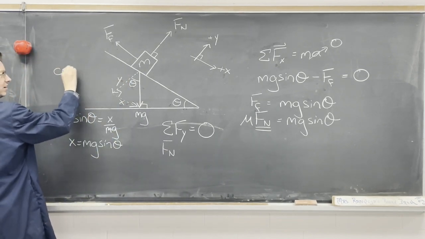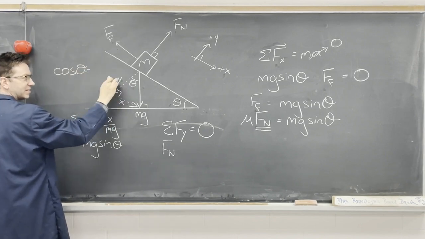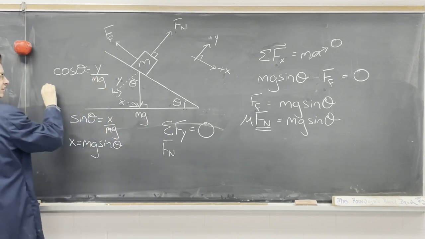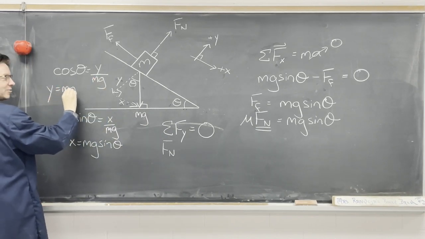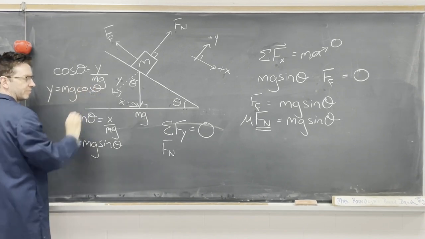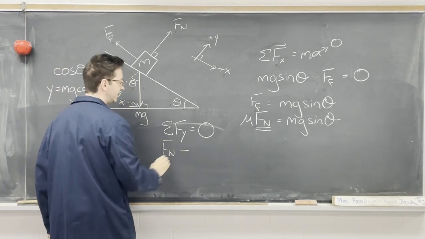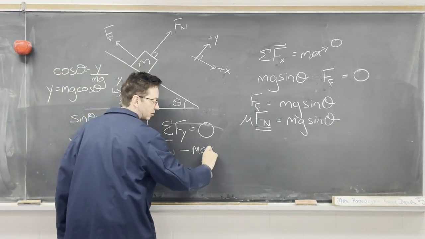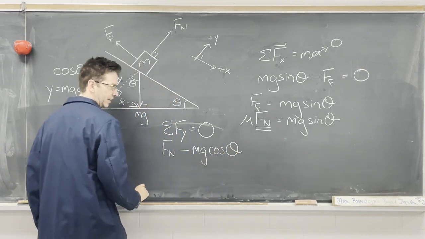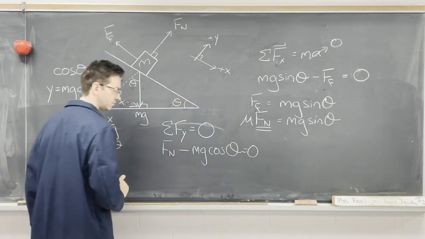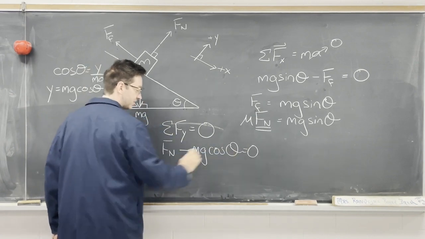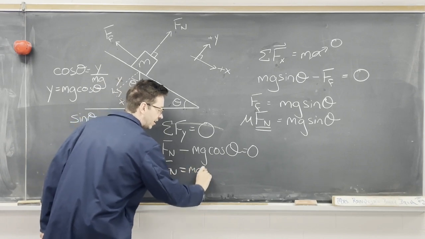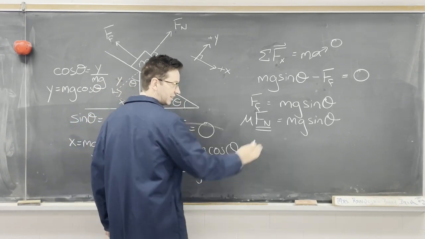Cos theta equals adjacent over hypotenuse, mg. So cross multiply, y equals mg cos theta. So normal force minus, because it's in our negative direction, mg cos theta equals 0. If I bring this term to the other side, then we know that the normal force equals mg cos theta.